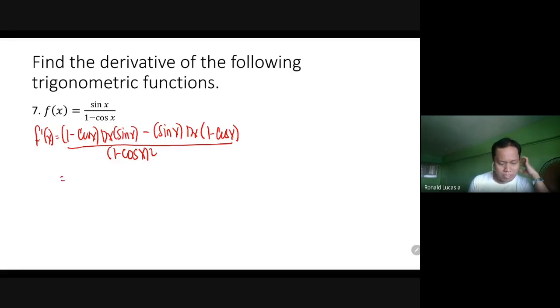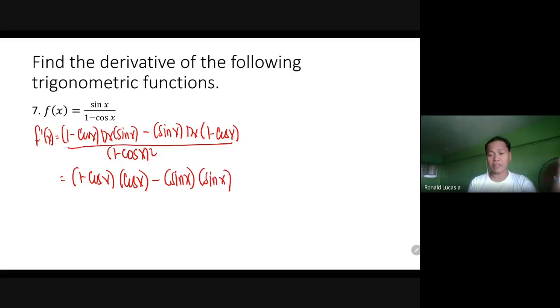So 1 minus cosine x, derivative of sine x ay cosine x, minus sine x, derivative of 1 minus cosine ay magiging sine na siya. Tama kasi ang derivative ni cosine ay negative sign, i-negative pa yung cosine kaya siya magiging positive sign. Derivative of 1 is 0. So over 1 minus cosine x quantity squared.